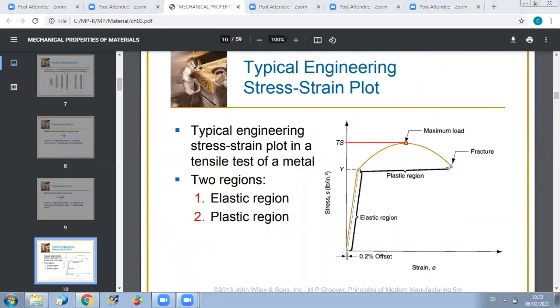And the elongation can be calculated by finding epsilon final. Because what is the definition of epsilon final? It is the elongation, which is a measure of ductility, since epsilon final is equal to L final minus L0, over L0. So from here, you can measure the elongation using the graph.